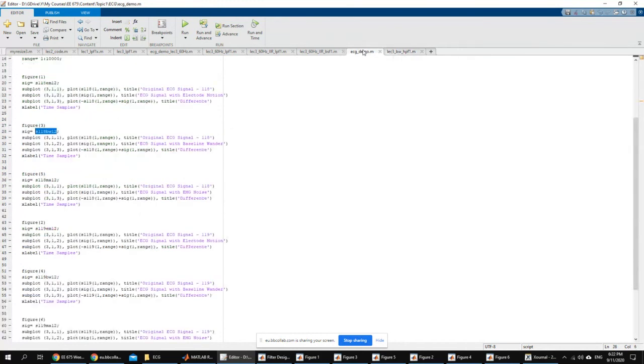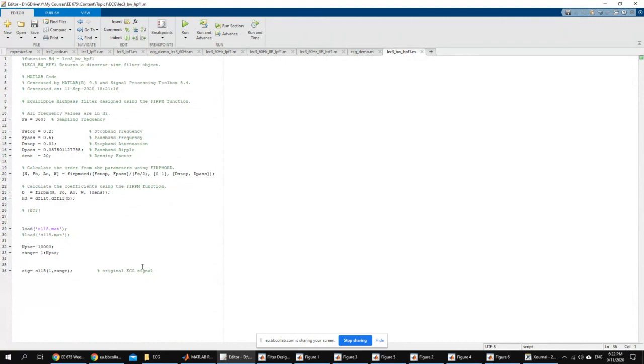Let's just make sure. Signal 180, okay, that's fine. So the noisy signal, X, will be equal to this here, same range, same thing. This is the noisy, or baseline wander artifact, signal.